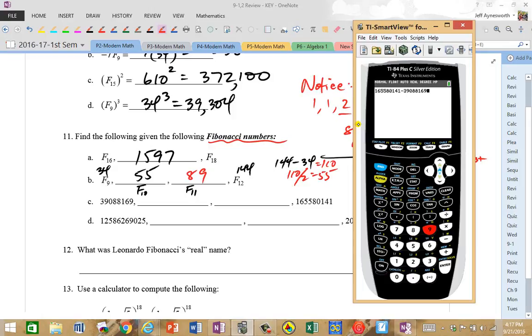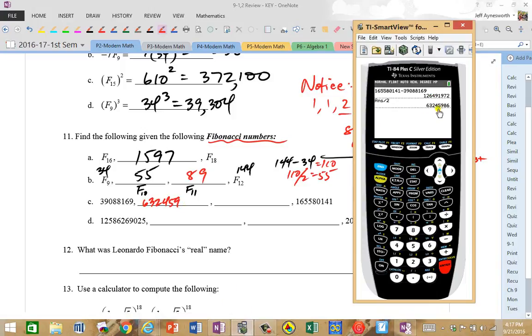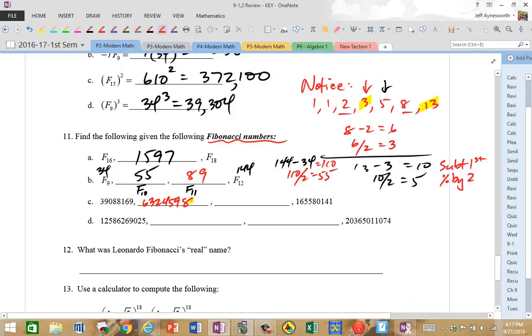So 39,088,169. Okay. Now we got to divide it by 2. Okay, so that number goes in the middle. So 632,459. Now we take these and we add these two together to get the next one. So now we add these two because they're Fibonacci numbers. That's what you do to get to the next term.